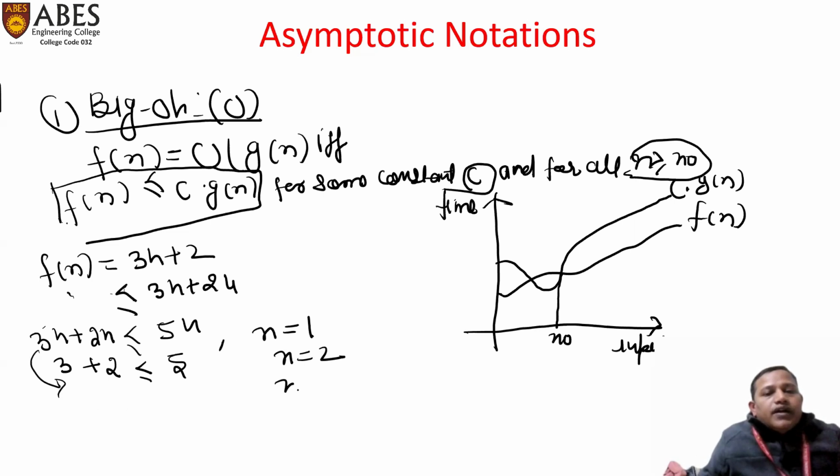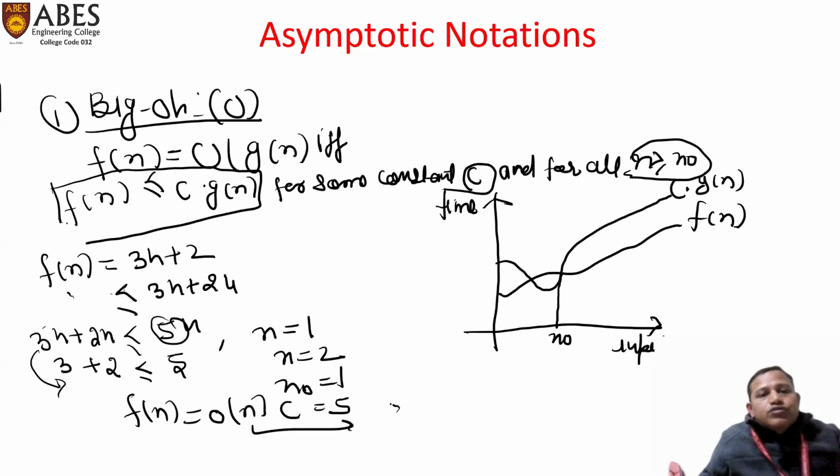So here n0 is equal to 1 and this is the value of c. So you can write f(n) equals big O of n, where n is g(n).